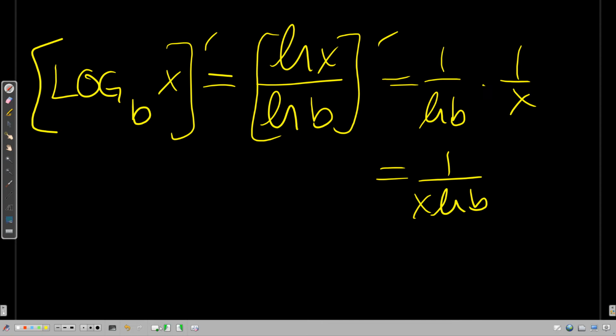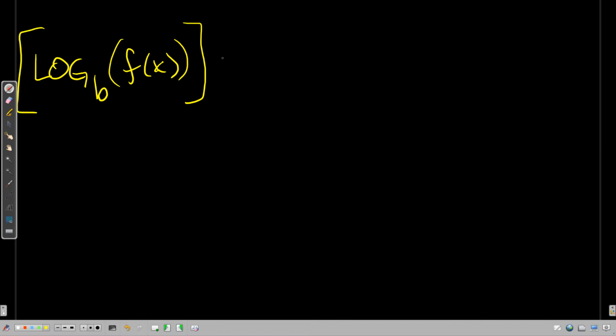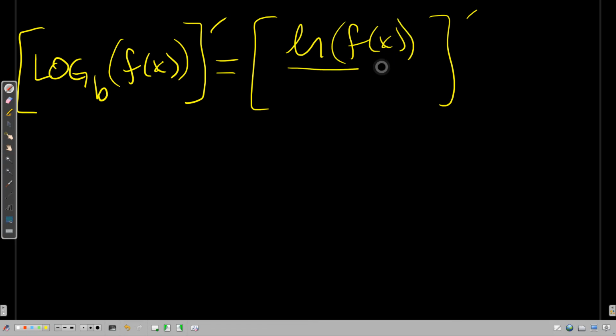I guess you could go further and kind of make this somewhat easier. I want this derivative. What does this derivative always need to look like? Well, according to the change of base formula, it will just be the natural log of f of x over the natural log of b.